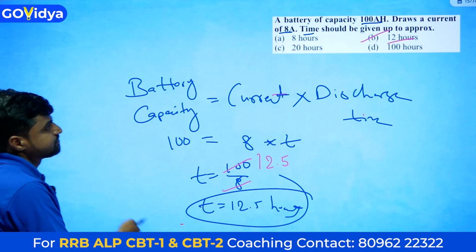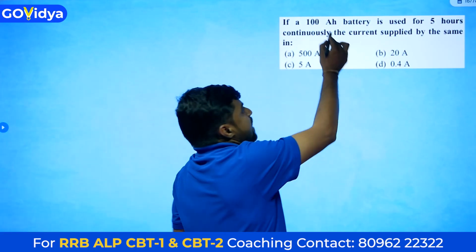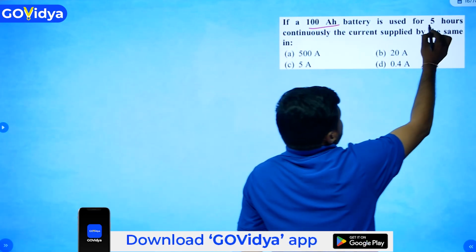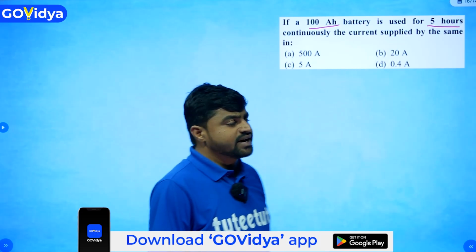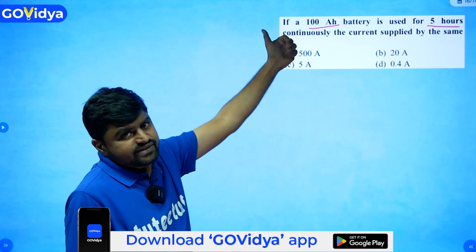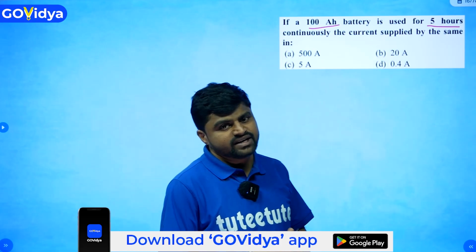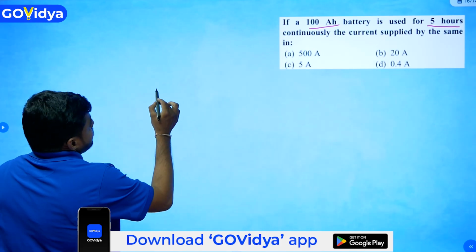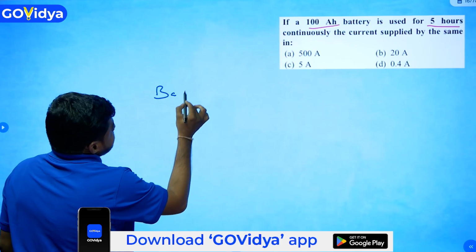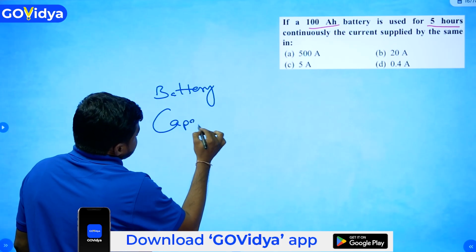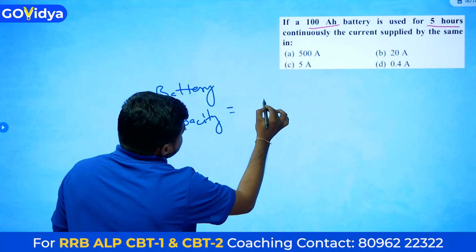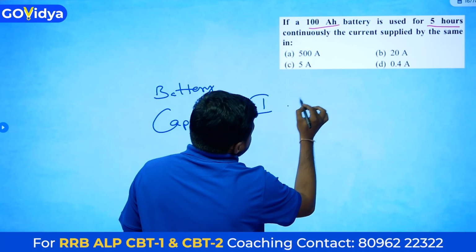Okay, next question. If a 100 ampere hour battery is used for 5 hours continuously, the current supplied by the same is. Here battery capacity is given and time is given. We have to find current. Battery capacity is equal to current into discharge time.